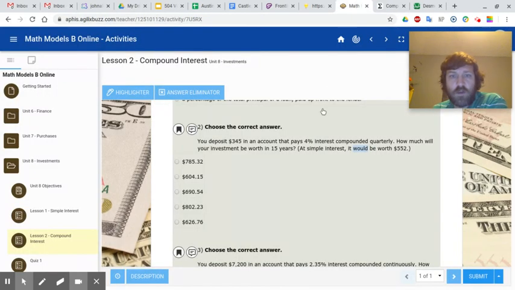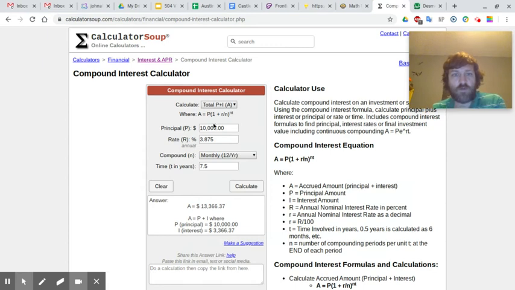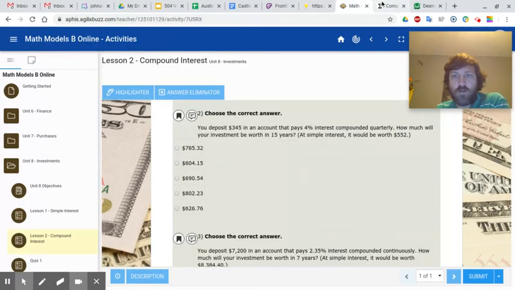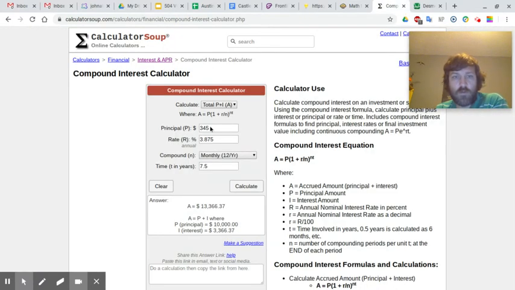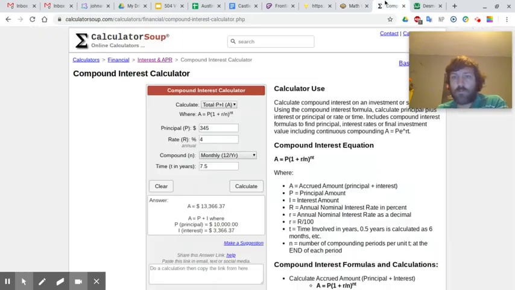Let's go ahead and look at the first question. It says you deposit $345 in an account that pays 4% compounded quarterly. How much will it be worth in 15 years? So we have our principal here, $345. We have our interest rate, which is 4%. It says it's going to be compounded quarterly.